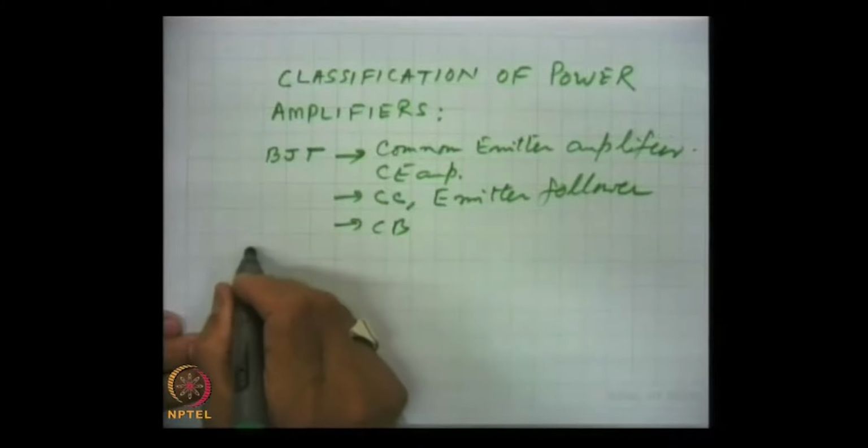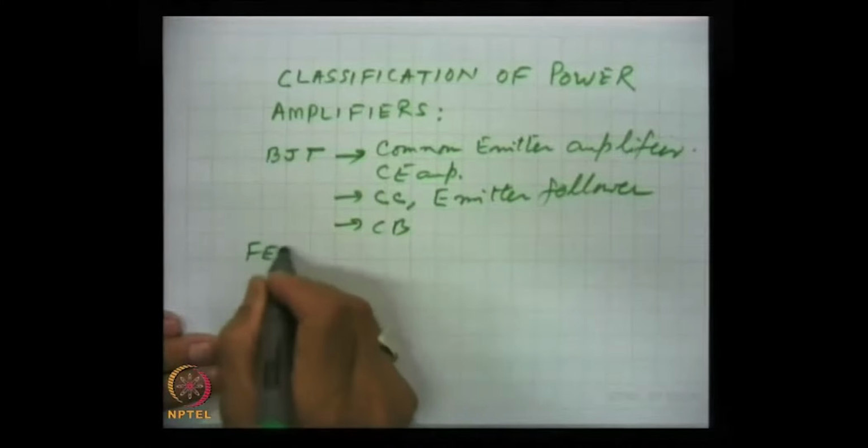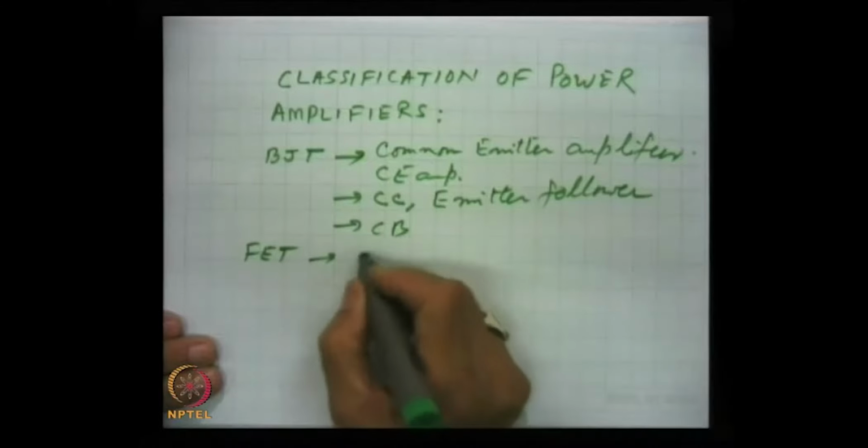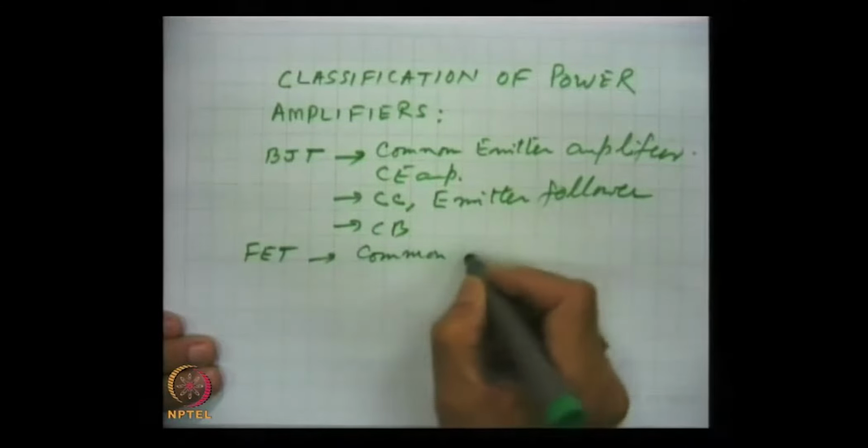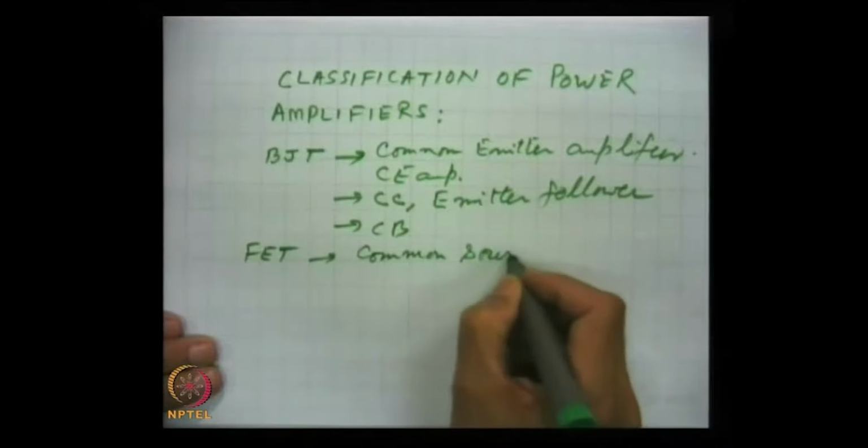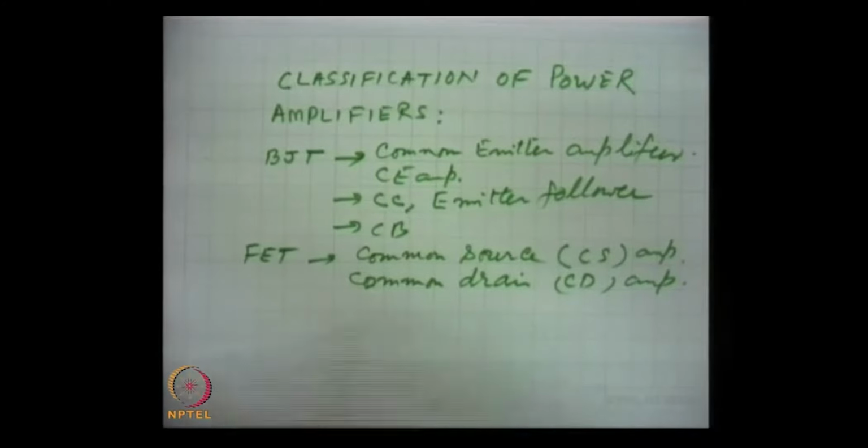Similarly, in FETs or MOSFETs, the classification was common source, CS amplifier, and common drain, CD amplifier, or drain follower, as it is emitter follower, this is drain follower, and so on.